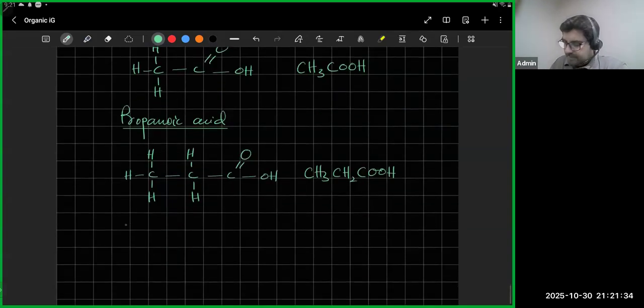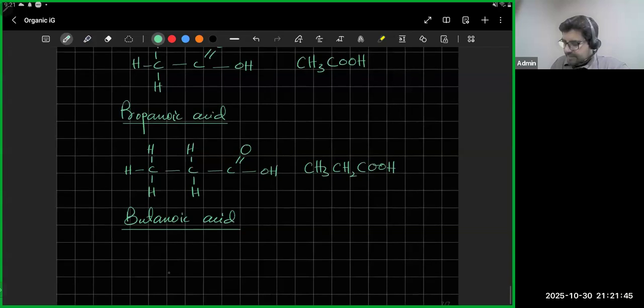And then you have butanoic acid. Butanoic acid will be 4 carbon atoms. You should have a double bond O and OH.